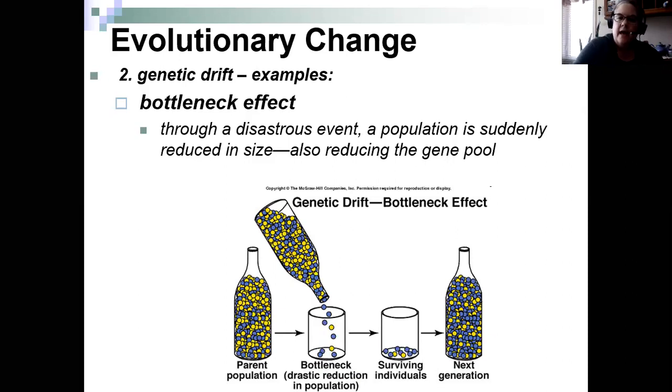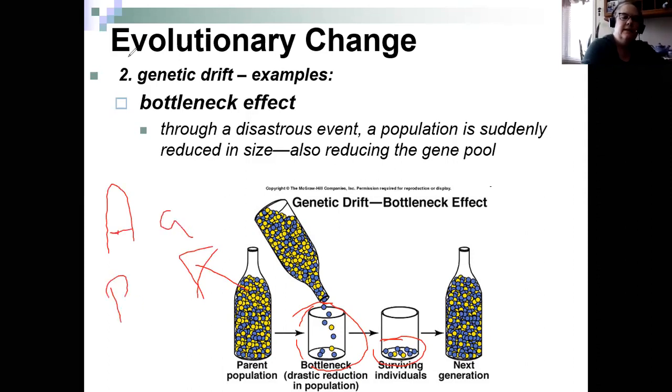As it's reduced in size, when I think about that population, only a few alleles are coming out of that bottle. They're going through the bottleneck. And here are my surviving individuals. If we think about the gene pairs, let's say in our original population we had big A's and little A's, big B's and little B's, and big C's and little C's. So we're thinking about 3 different possible gene pairs.